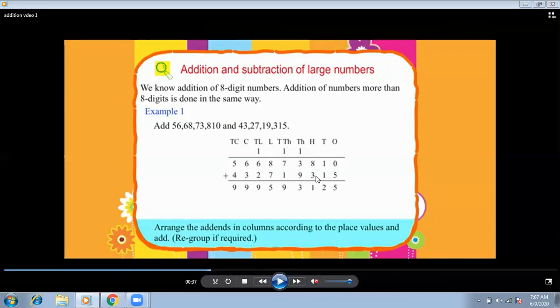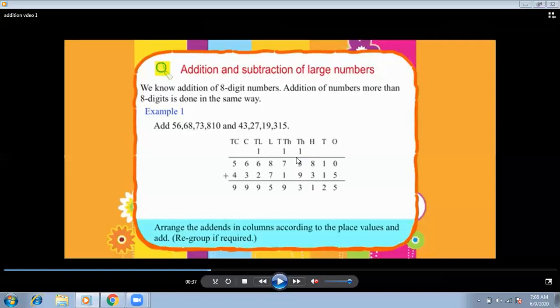Now you are going to add the numbers. 5 plus 0 plus 5 is 5, 1 plus 1 is 2, 8 plus 3 is 11. Now when there's 11, there are two digits, so the first digit you will carry to the next number and the next digit you will write over here in the answer. Same, 9 plus 3 is 12, and plus the carry 1 is 13.